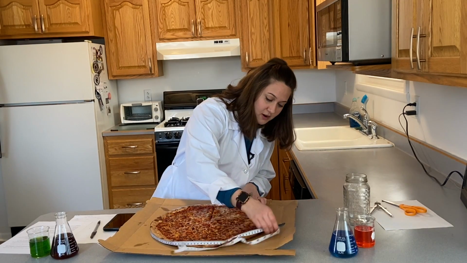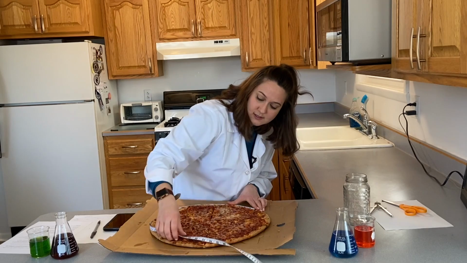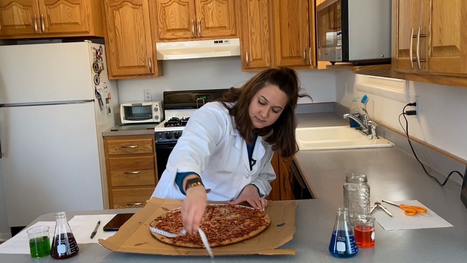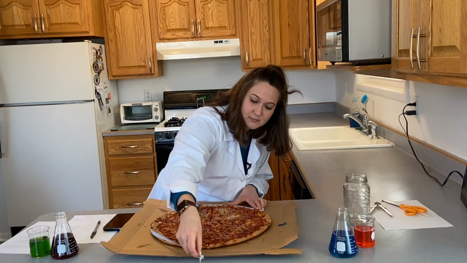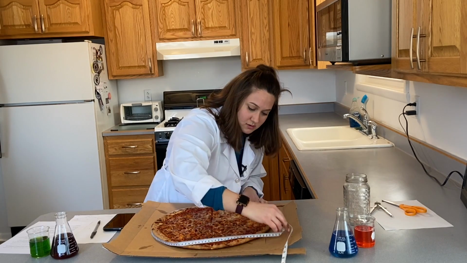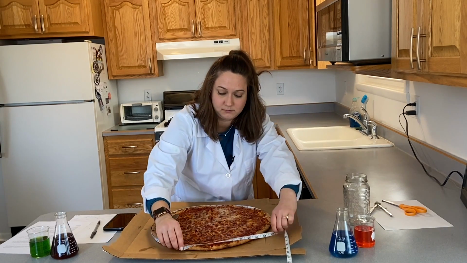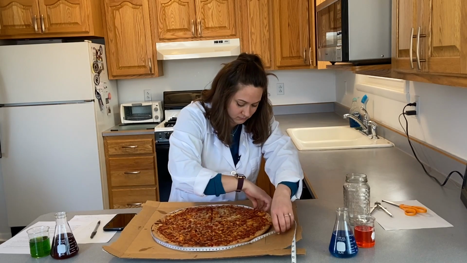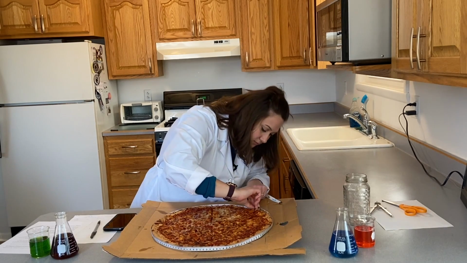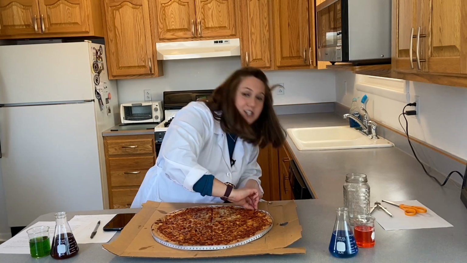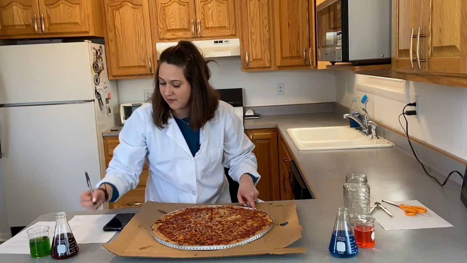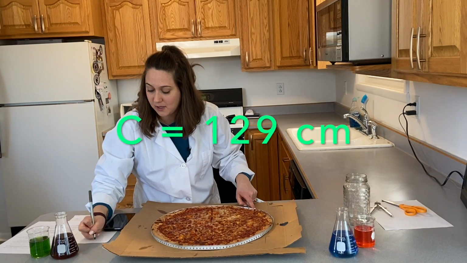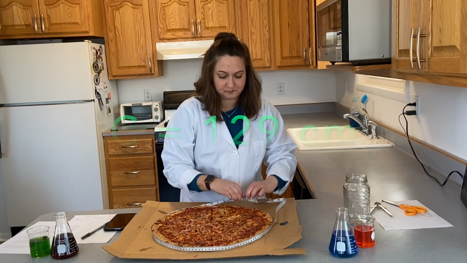I am going to roughly measure this here in one second. Having some issues. All right, so I get 129 centimeters. So I'm going to write that down. 129 centimeters equals my circumference.